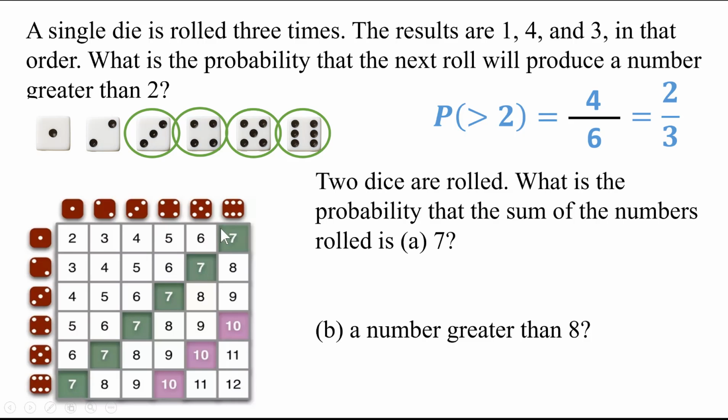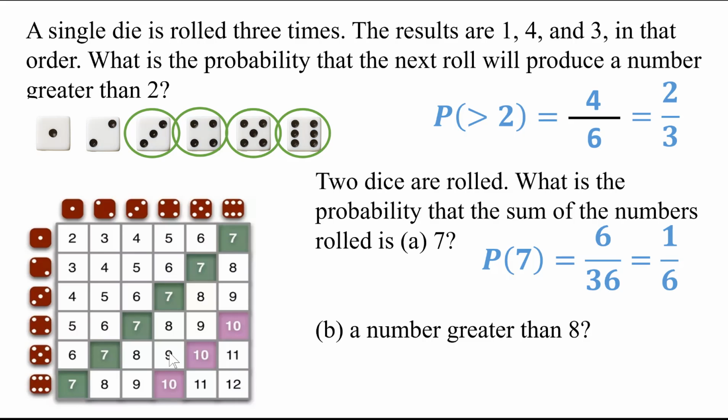You can have a 1 and a 6, a 2 and a 5, a 3 and a 4, a 4 and a 3, and the dice look the same, but they are in fact 2 different dice, so you have to count that twice, and a 5 and a 2, and a 6 and a 1. So that's how many ways you can get a 7 out of the total 36 possibilities. So the probability of getting a 7 is 6 over 36, or 1/6.